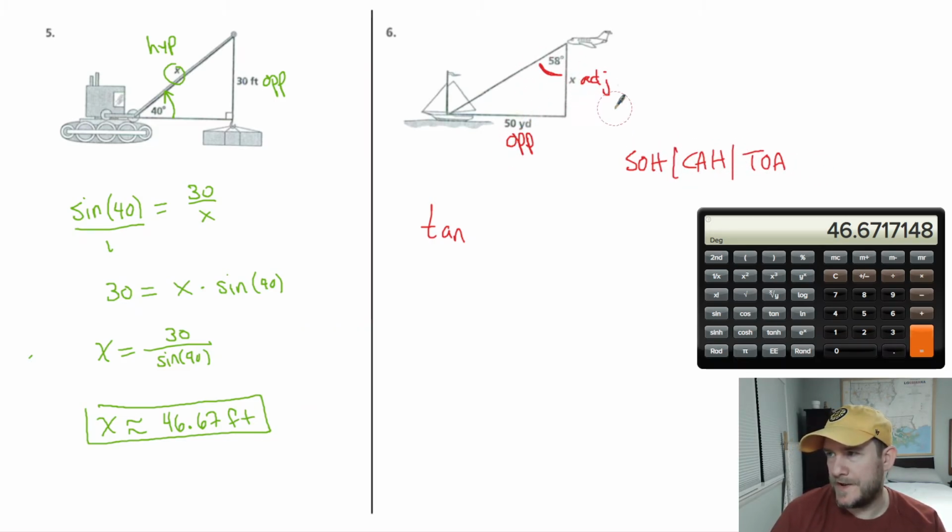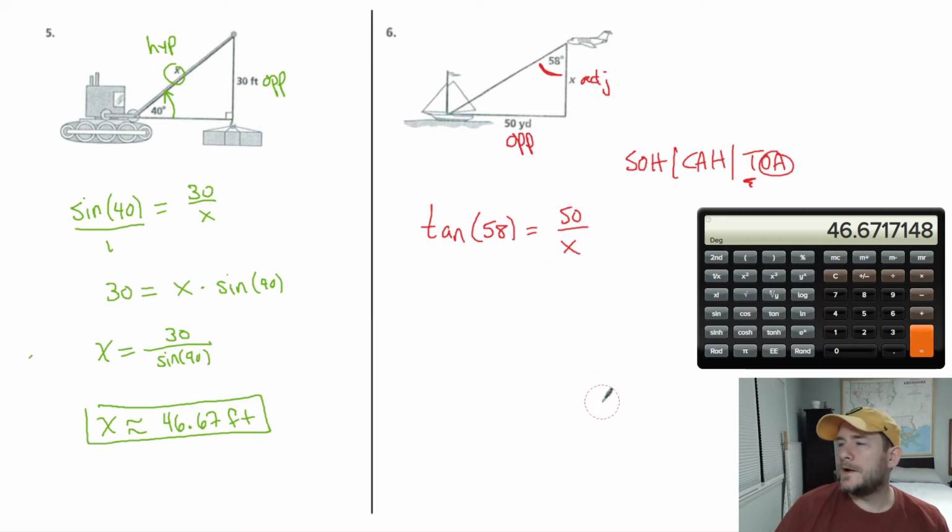You're looking for O and A. It's right here. So you better write a tangent equation. And we're going to say the tangent of 58 equals 50 over x.